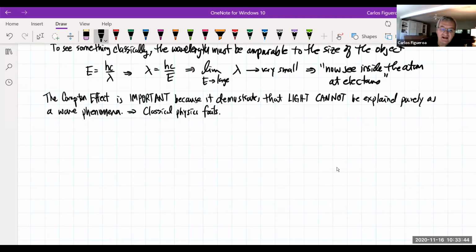It's really the end of classical physics. If you want to learn more about this, look up Compton scattering. It's the classical theory of electromagnetic waves scattered off of a charged particle. And so let's talk about the experiment.